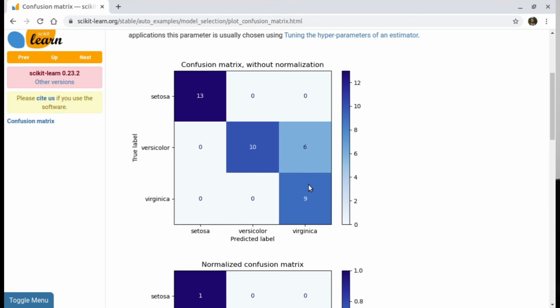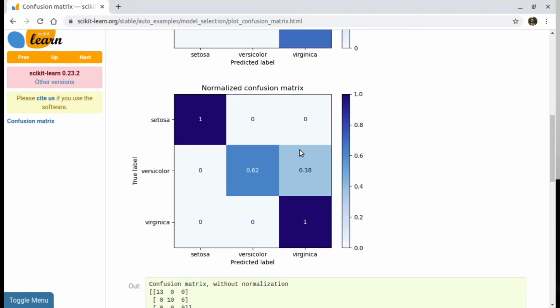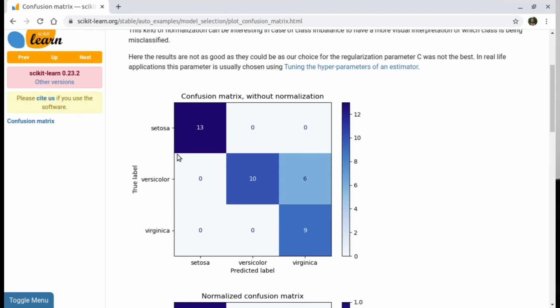But the model is not perfect, you have some examples outside of the diagonal. Now the normalized one, normalized row-wise. 1, 0, 0, so this amounts to 100%, then 0, 62%, and 38%, which amounts to 100% in this row, and this amounts to 100% in this other row. If your positive class, the important class for you in the model, is virginica, let's say, these are the true positives.